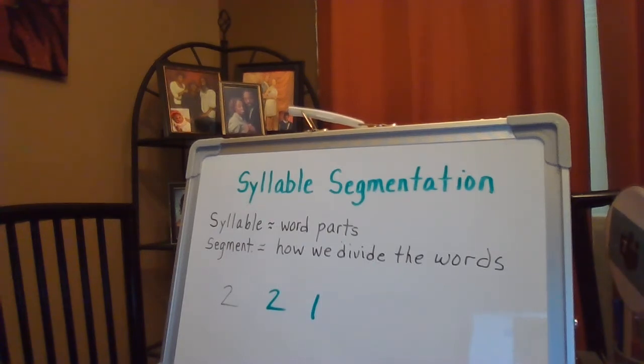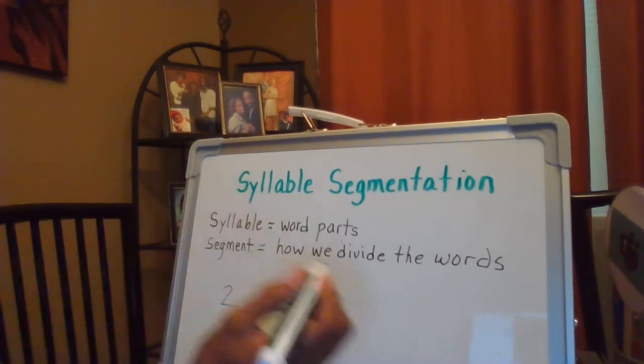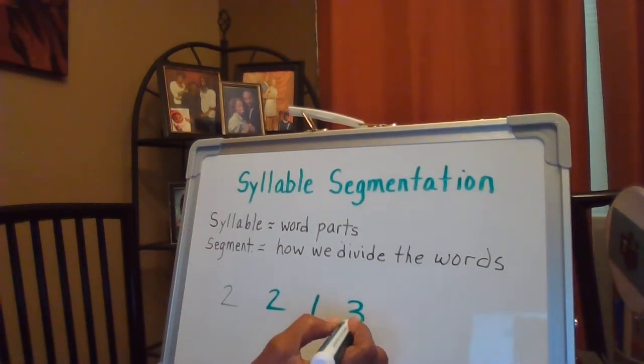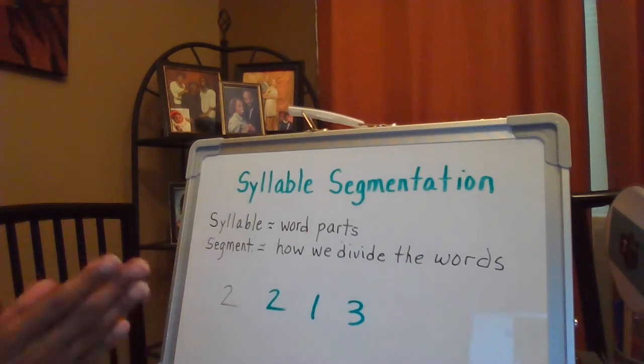Here's the next word. Gotta listen carefully. The word is together. Now I'm going to clap it. Together. How many syllables? That's right. 3. Next word. Running. Running.